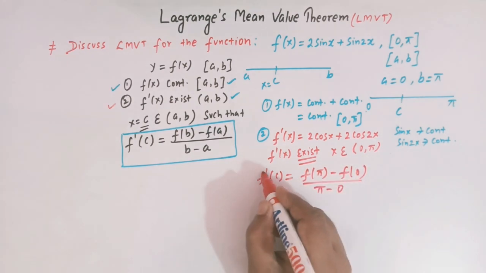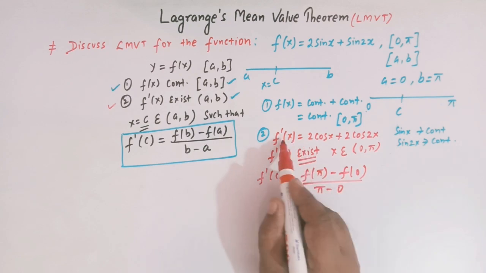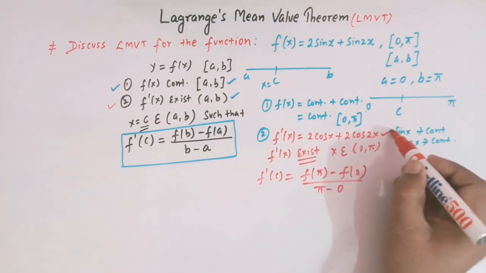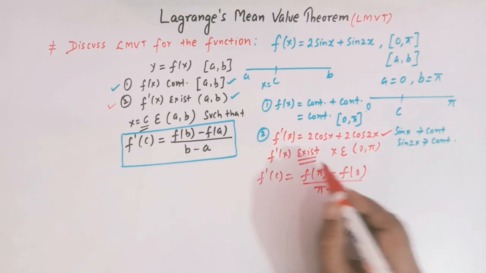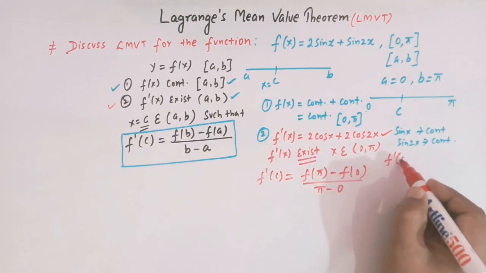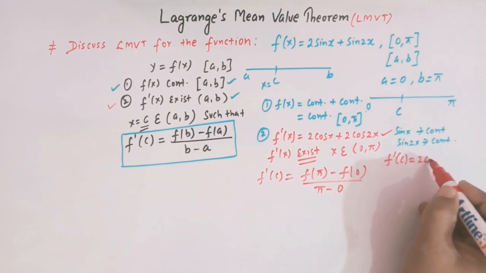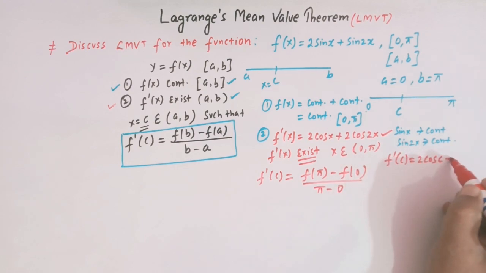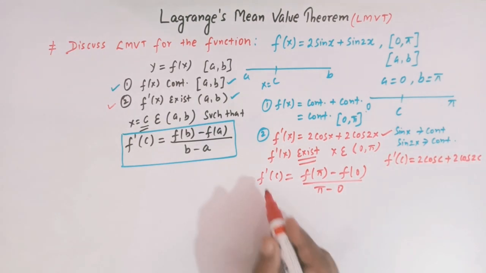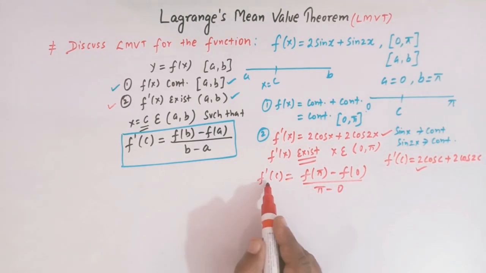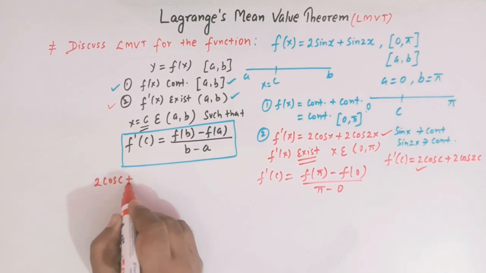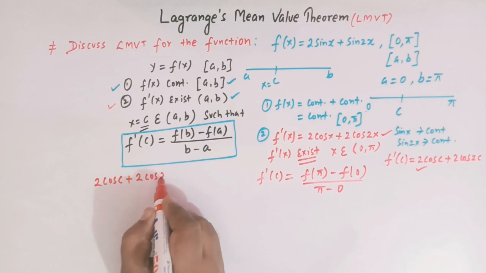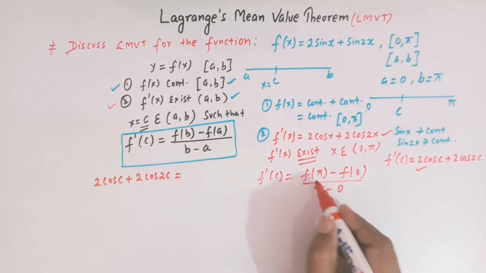Now f prime of c can be calculated from the derivative: if we take x is equal to c, then f prime of c is equal to 2 cos c plus 2 cos 2c. So we can substitute this value over here.